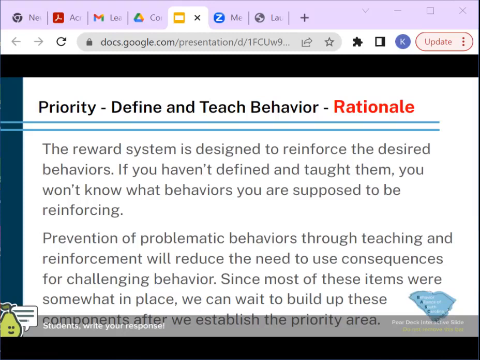So we want to start with the defining and teaching. So that's our rationale. There may be some other explanations or purposes for selecting that section, and you can think about those.